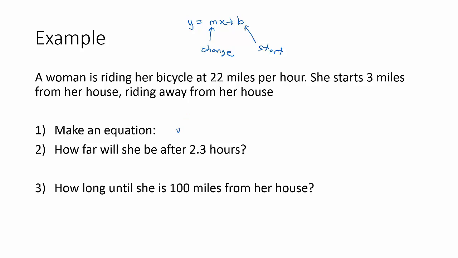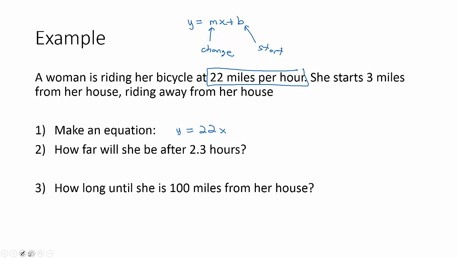So we've got y equals change. What's changing in this problem? What's changing is how far away from her house she is. She's getting further from her house. She's traveling 22 miles per hour. Every hour you get an extra 22 miles.